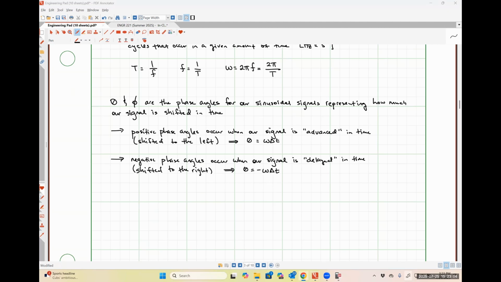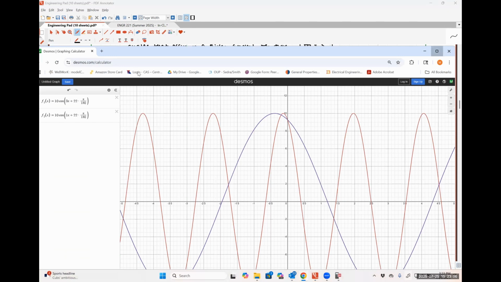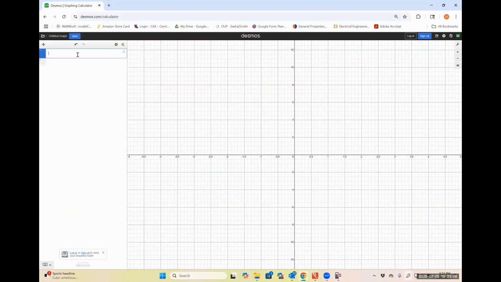If my computer will let me. Let's clear these guys out. So let's just have our first signal f1 of x is going to be 5. You guys want a sine function or a cosine function? Cosine. All right.